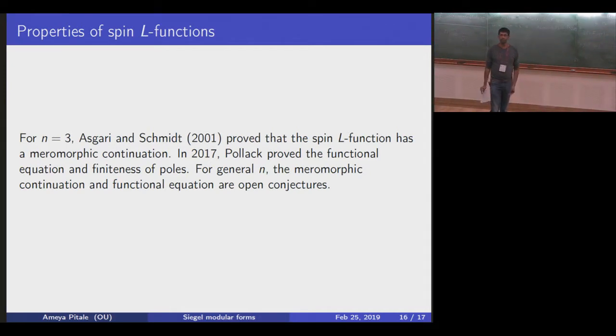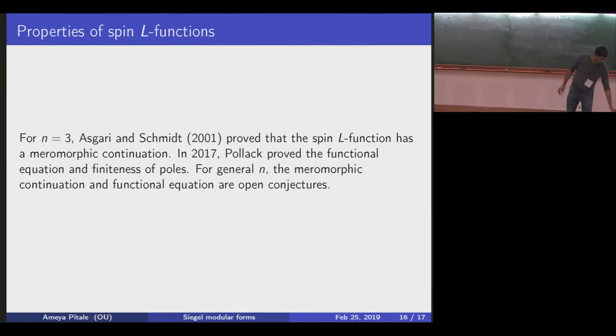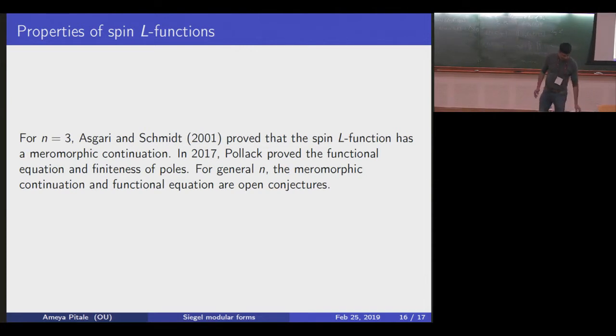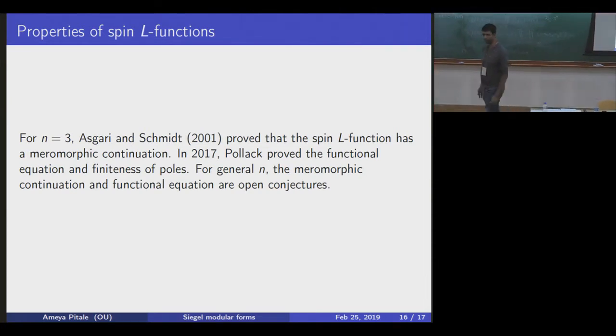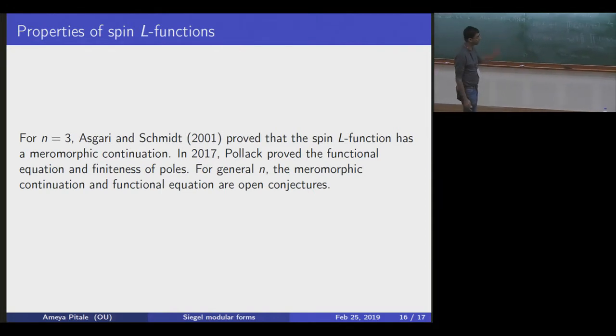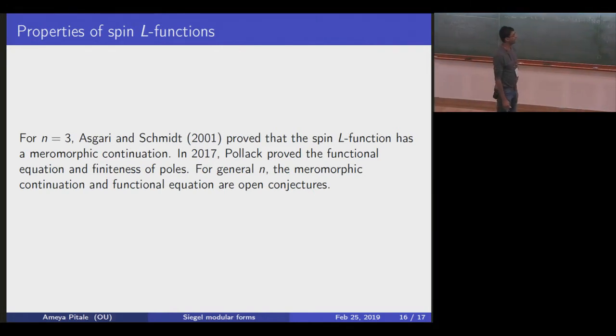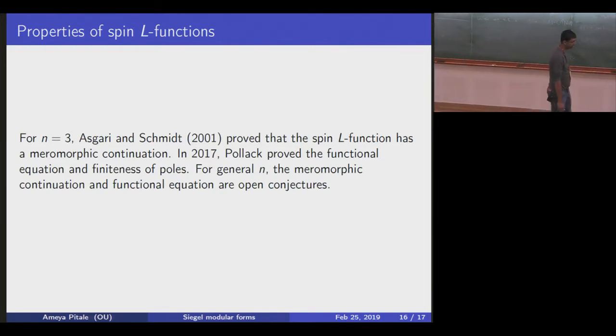And beyond n equals 3, we really don't know its analytic properties. Spin L functions are in general way more complicated because they are not the natural map of the L group. So the spin map is much more complicated. And so you will see that the spin L function has a lot of mysteries. The standard L function has fewer of those.